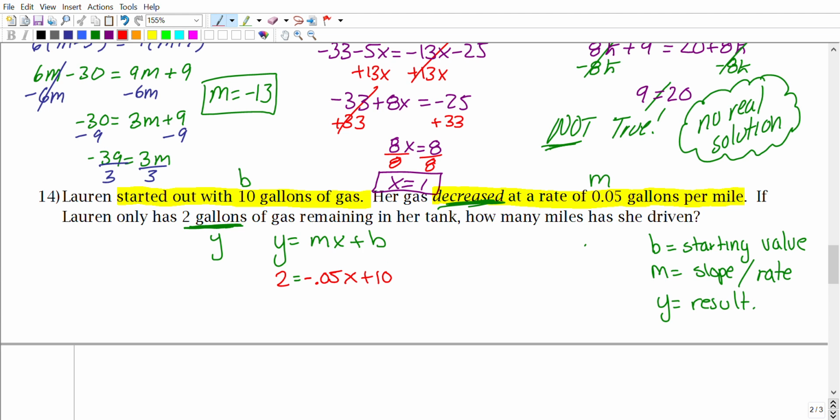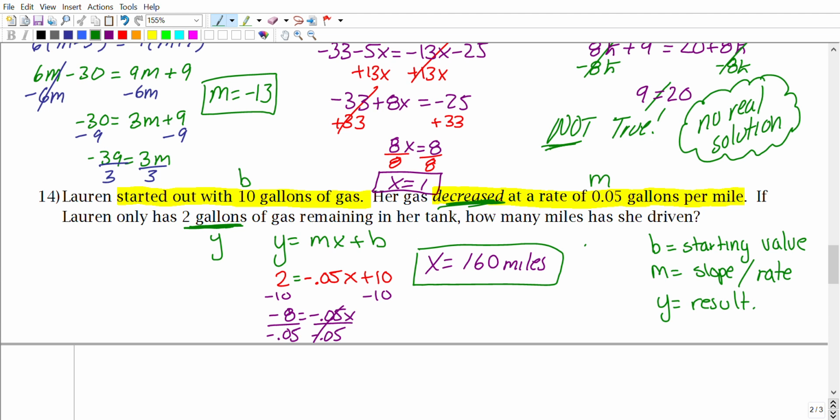Let's go ahead and subtract here. We're just using SADMAP, so I want that x by itself, so I'm going to get rid of that 10. I get negative 8 equals negative 0.05x. Divide by negative 0.05. Those go away, so I get x equals, let's see, if I type that into my calculator, I get 160 miles.